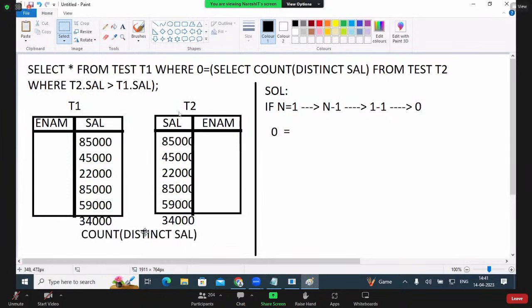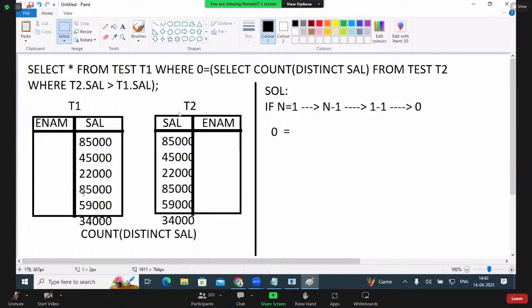Count is used for counting the number of values. The DISTINCT keyword's purpose is that in this counting, duplicates are eliminated, not counted. We discussed all these in early classes. There is no new topic here. Already in basics we discussed, and we came into advanced topics.